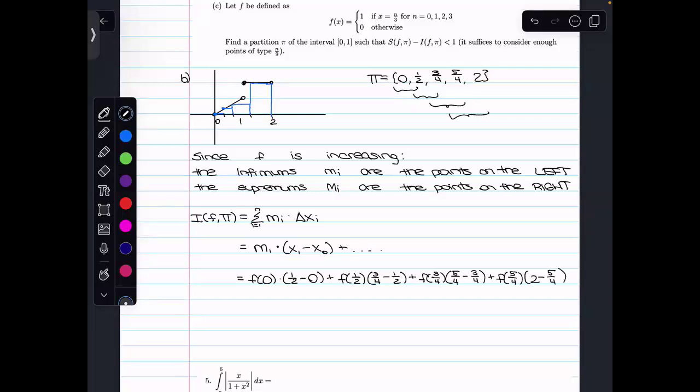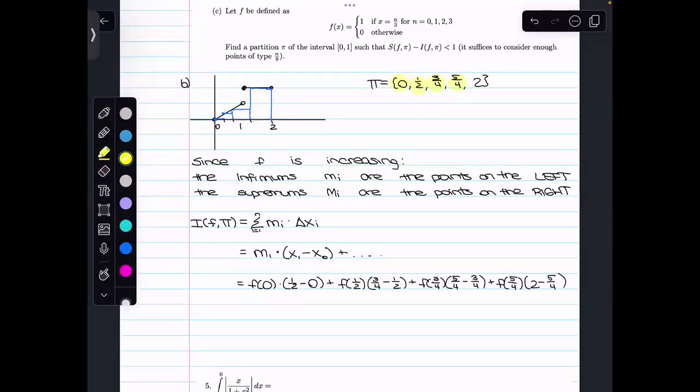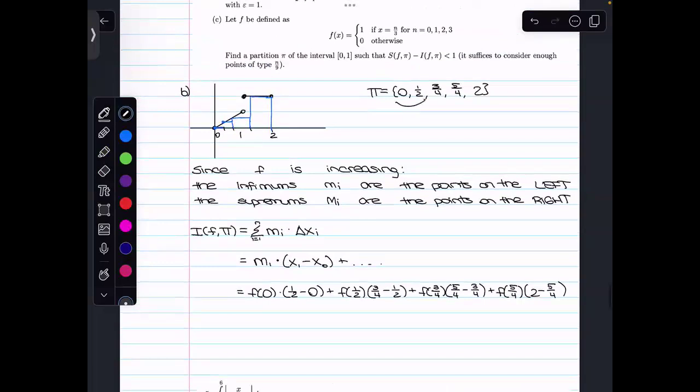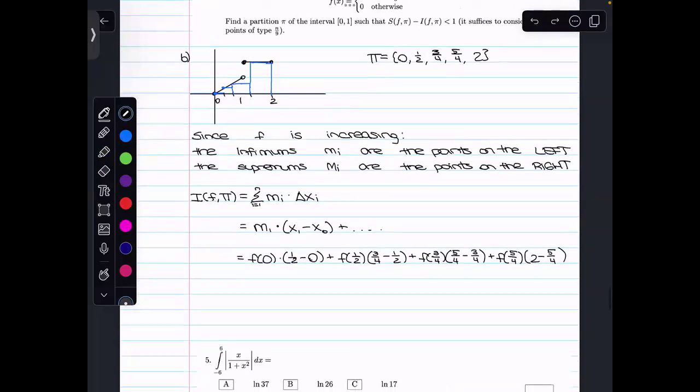So notice how in the end, to find the infimums, we need to plug in 0, 1/2, 3/4, 5/4. We're not going to plug in 2, because we only care about the left endpoints. So make sure you don't accidentally do an extra calculation. Intuitively, if we split it up into 4 subintervals, we should have 4 calculations here.